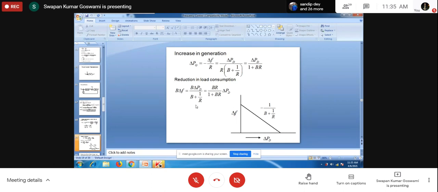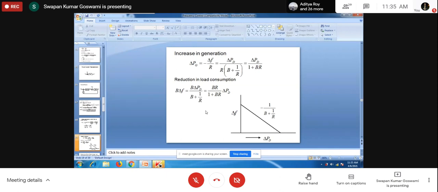Now you see one thing. Let us assume that the load is not frequency sensitive. Then this B delta F part would have been absent. If the load is not frequency sensitive, that means the demand of the load does not depend upon frequency.